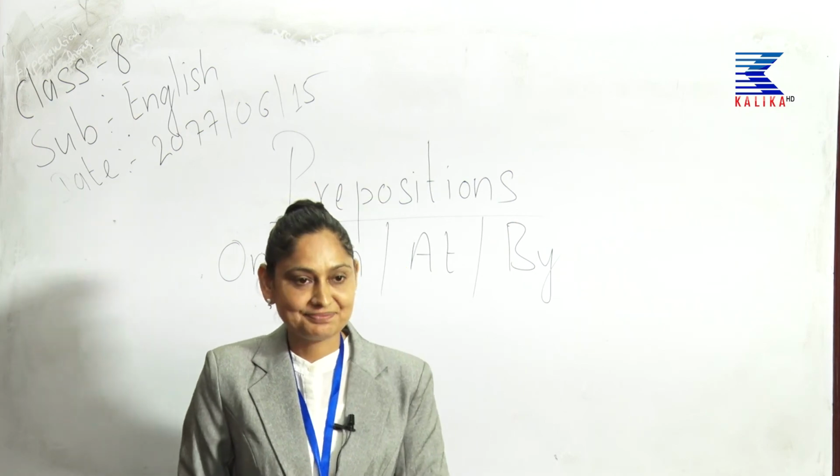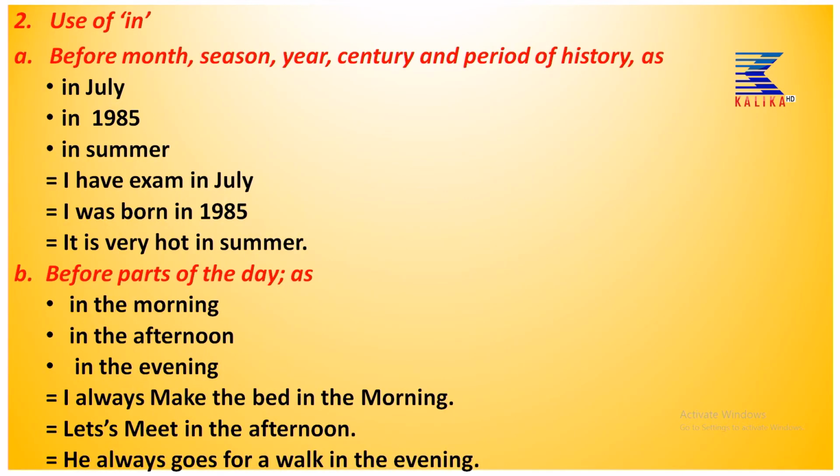And in more detail, let's see on the slide. Slide please. Before month, season, year, century and period of history, we use in, like in July, in 1985, in summer.